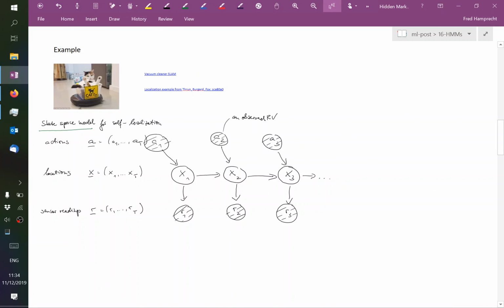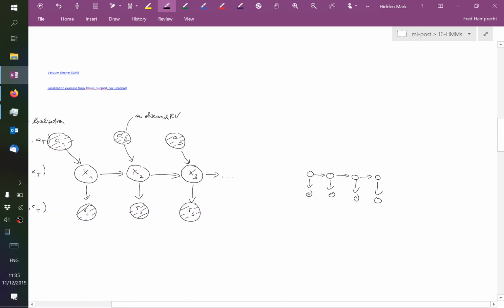So often people omit the variable names, but in the literature you will frequently see this fundamental pattern that we have just drawn, where the things on the bottom are observed, and the things on top are latent variables that we're trying to estimate. And whenever you see something like that, this is called a state space model.